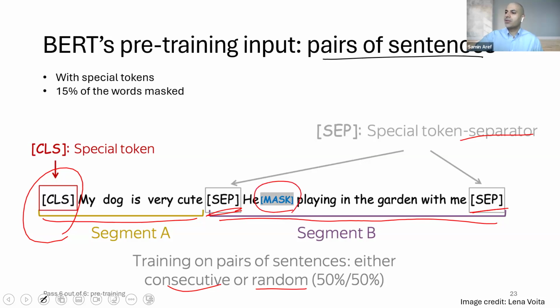And here you see another special token, mask. This is because for the second objective, 15% of the words were masked. In the second objective, BERT tries to predict the word that is most likely to fill in the blank.